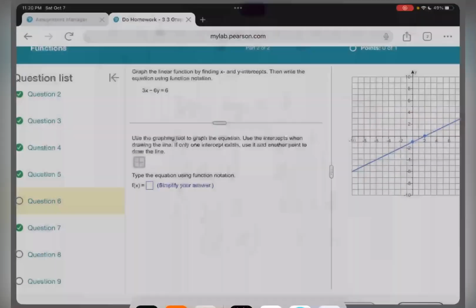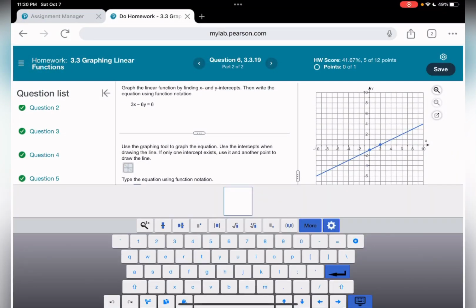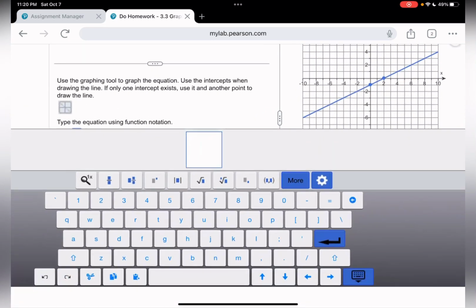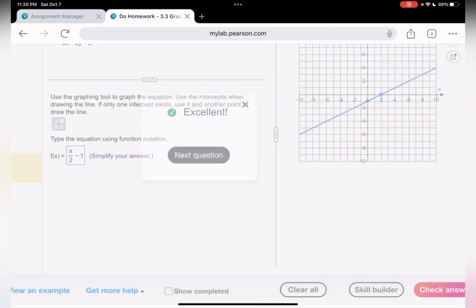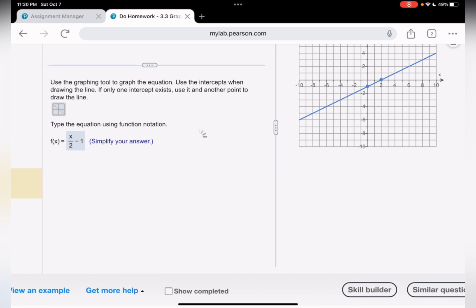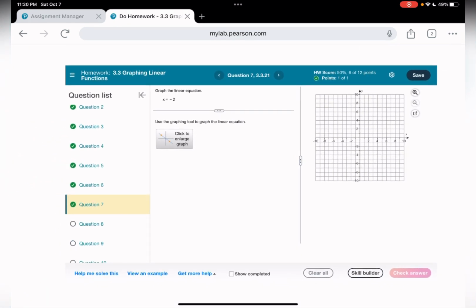Let's write it down. X over 2 and negative 1. Okay, we filled the gap that we missed.